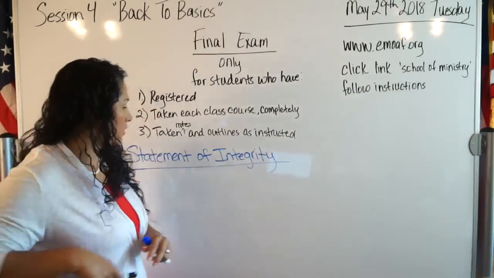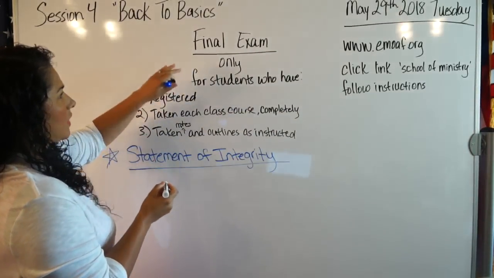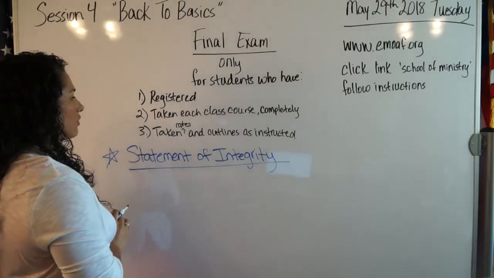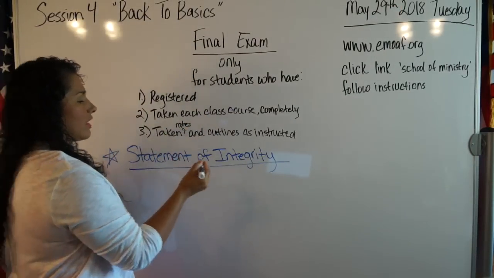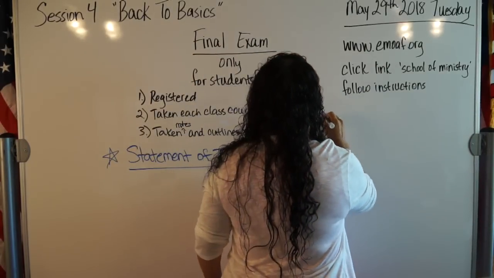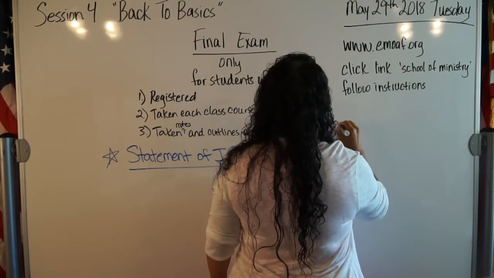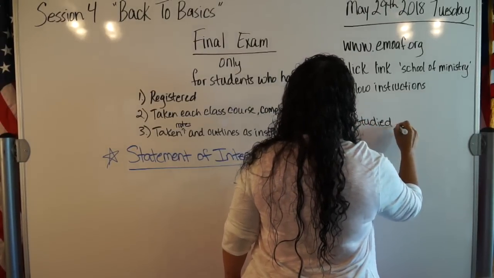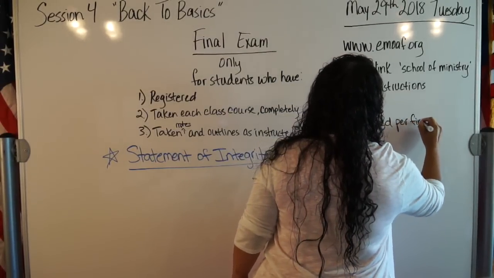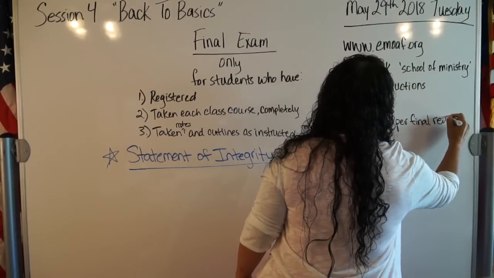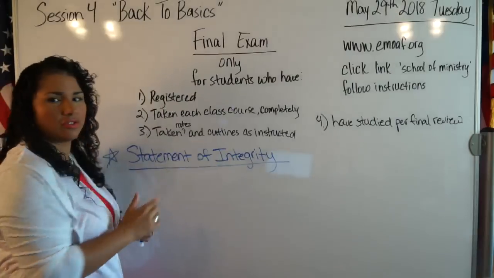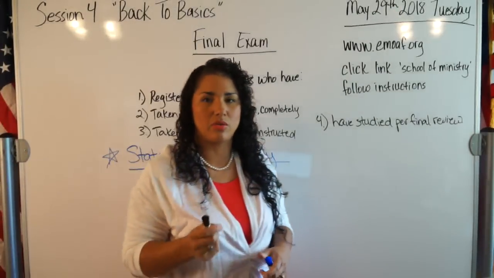Final exam only for students who have registered, taken each class course completely, taken notes and outlines as instructed, and have studied per final review. If you don't meet any of these requirements, you really can't take the final exam until you have done all 4.